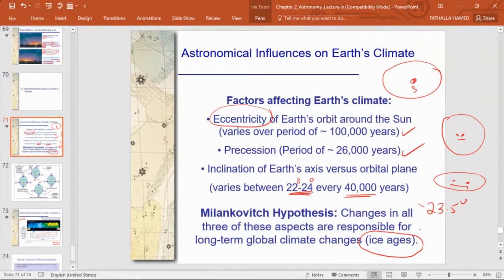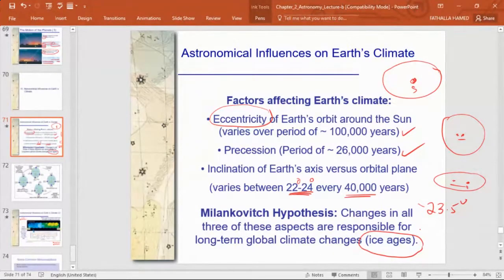Now you may hear a lot about global warming, and that basically comes as a result of human activity, because we have an atmosphere, and the atmosphere is very important to us. The atmosphere must have carbon dioxide to trap heat. That's what gives us the comfortable temperature that we have.